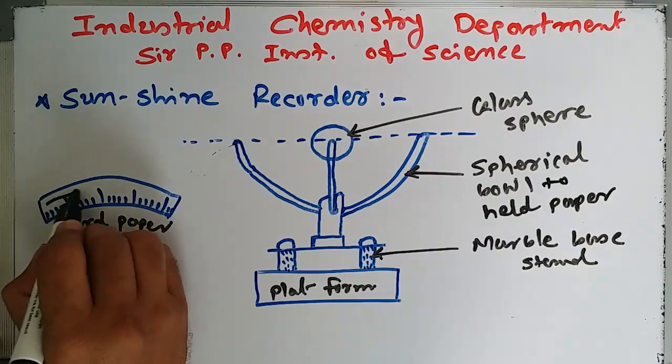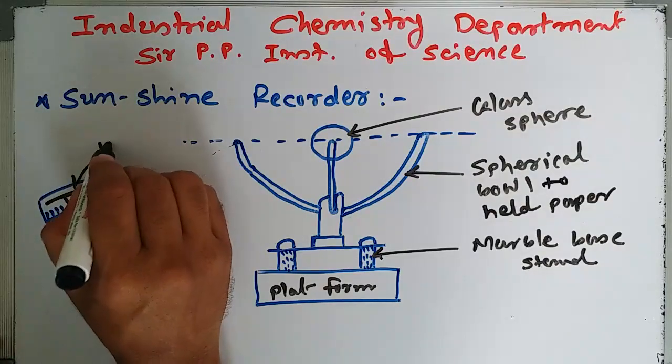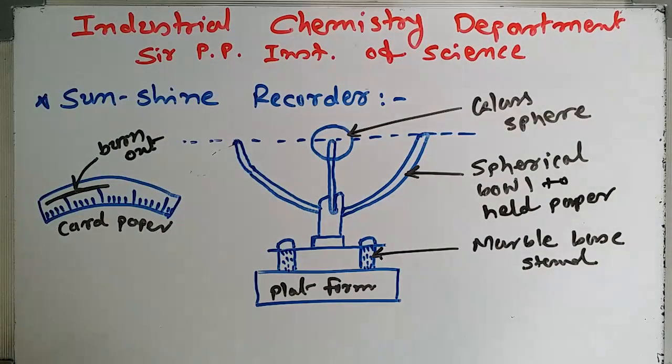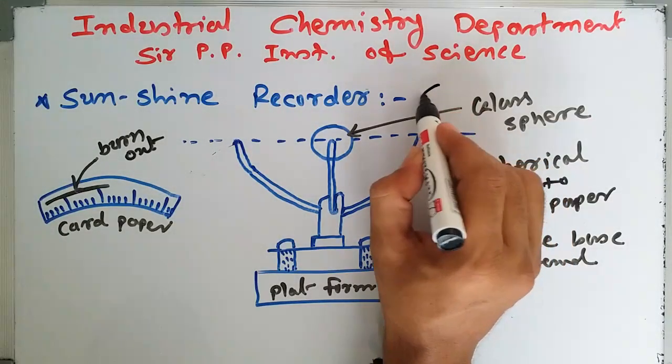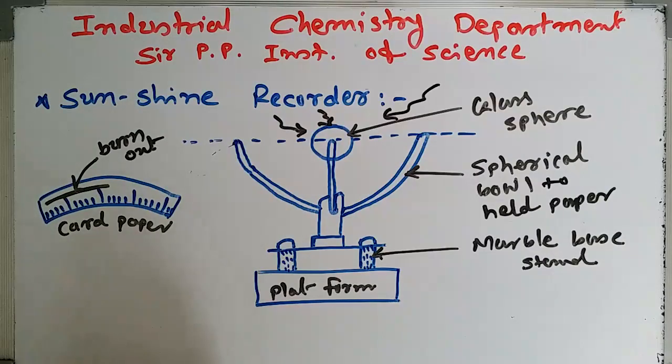And we see the mechanism: when solar radiation passes, the card burns out, and we see the image on the strip or card paper. This is the sunshine recorder, and the sun rays focus on the spherical bowl to a point on a card held in a groove in the spherical bowl.